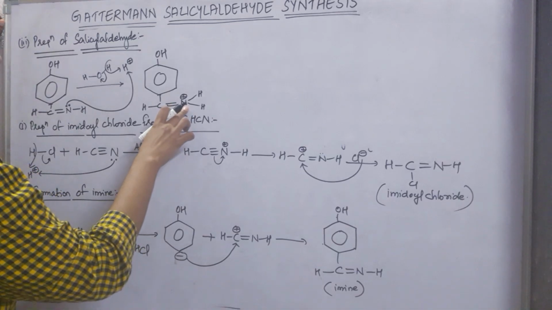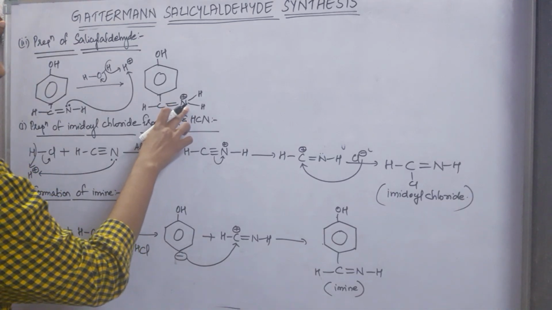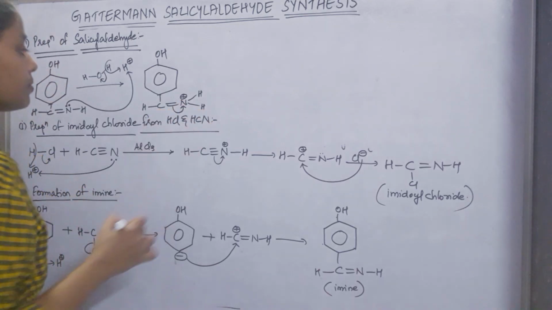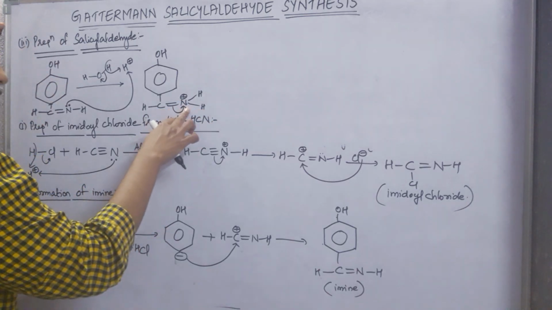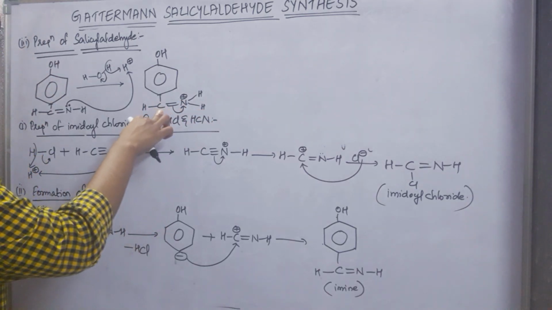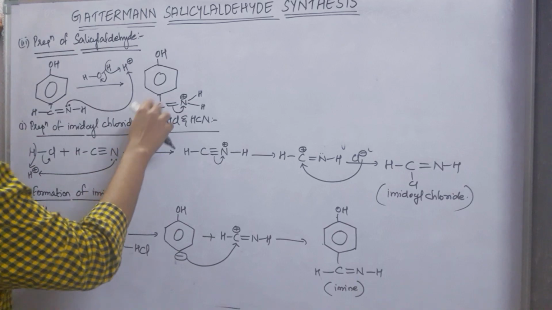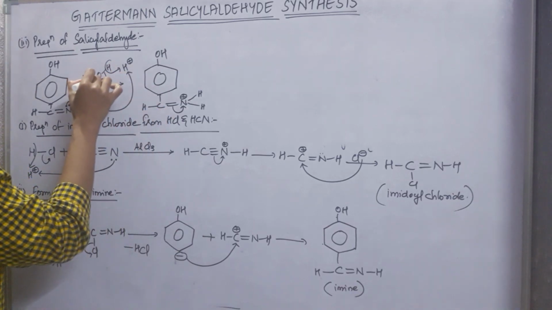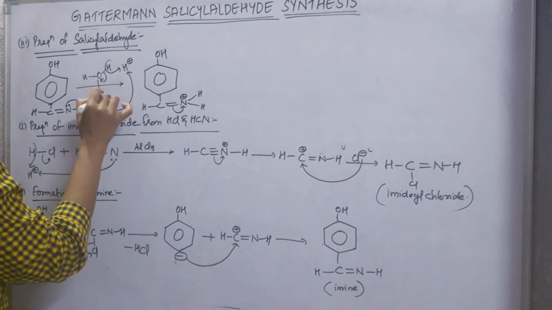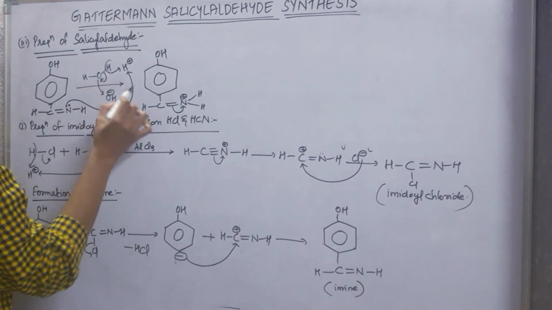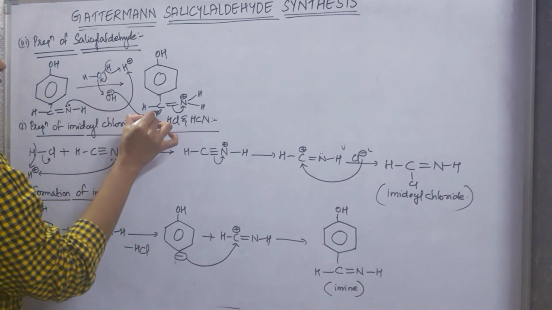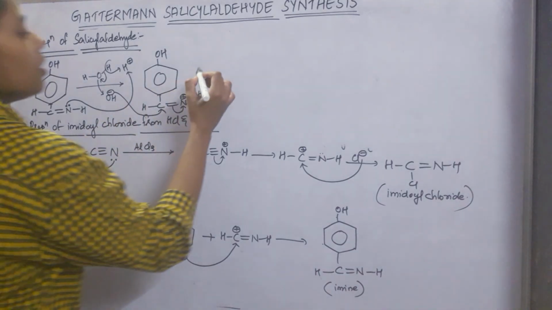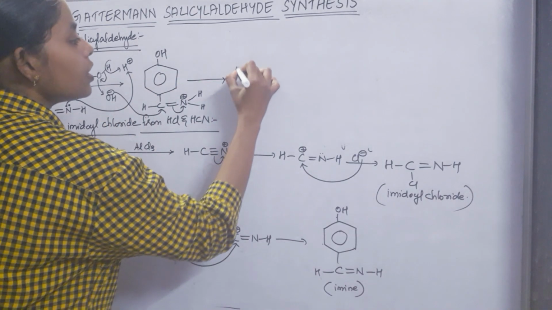As this nitrogen has a positive charge, it will take the electrons from carbon in order to neutralize its charge. Then the carbon here will attain a positive charge. Now this positive charge is neutralized by the OH minus which is formed over here. This OH minus will form a bond with the positively charged carbon, giving us this structure.